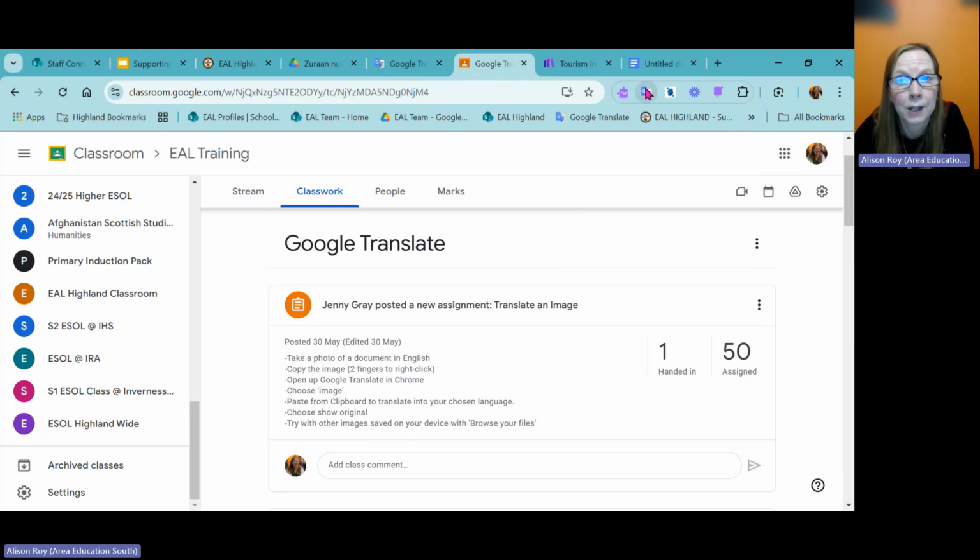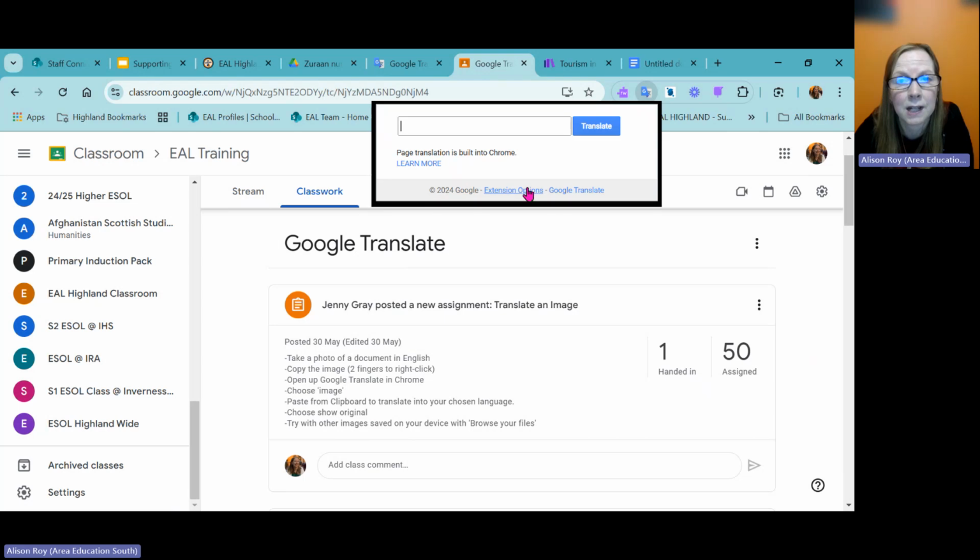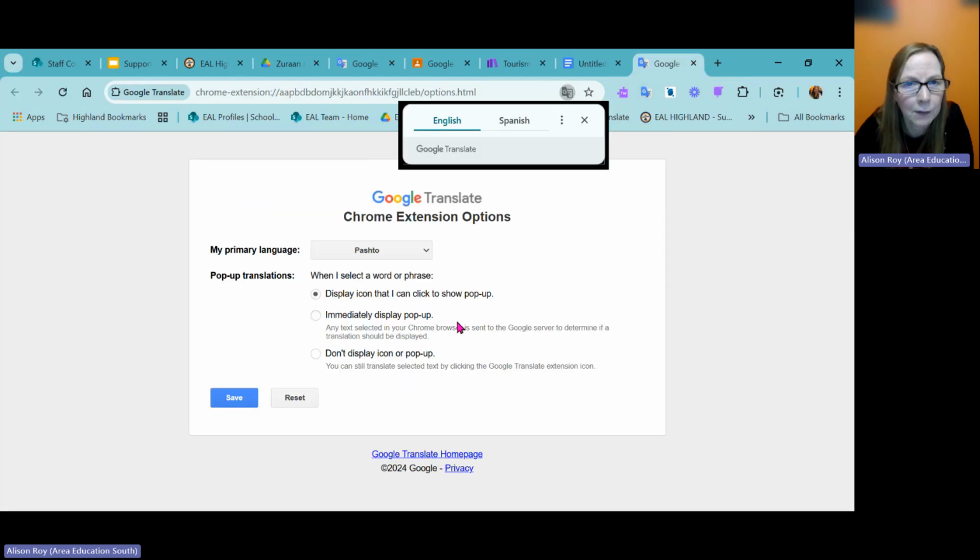So you can click on it and set the language extension options. I've got mine set to Pashto. That just means it's going to translate into Pashto from English. And I've got a display icon that I can click to show the pop up. You can have an immediate display pop up, which means it will come straight away, but this one I have to click. So we save that.